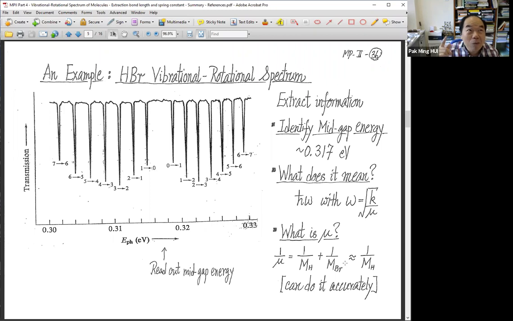You may see something like 1.0017 U, something called atomic mass unit, and then 1 U is something kilogram, 10 to the minus 27 kilogram. Okay, so you can look it up easily, but once you have the number, easy. So you plug the number in, you get the exact, more accurate mu. Otherwise, when you see a light one with a heavier one, the light one wins in this reduced mass formula.